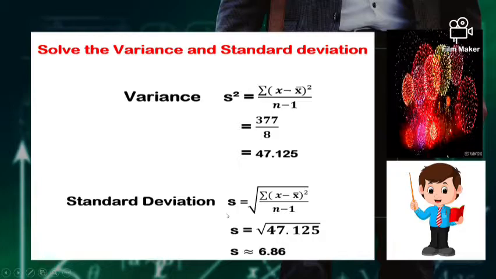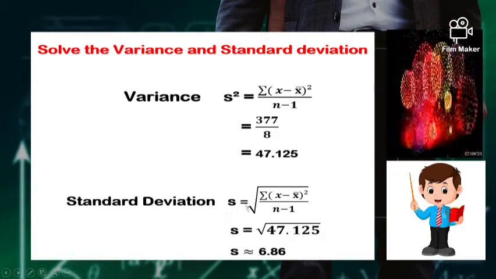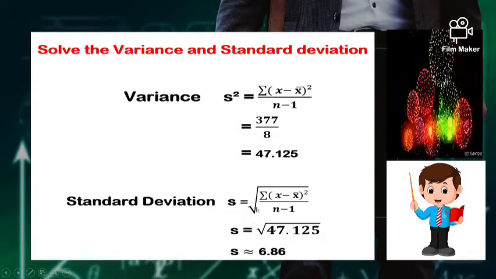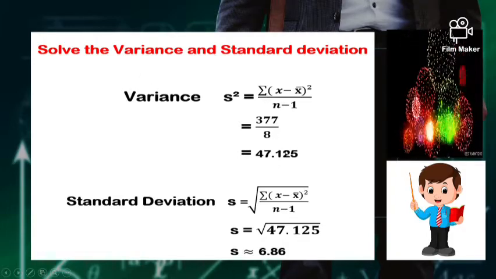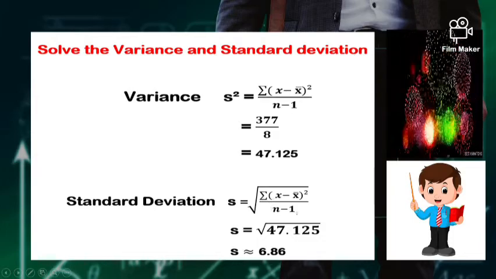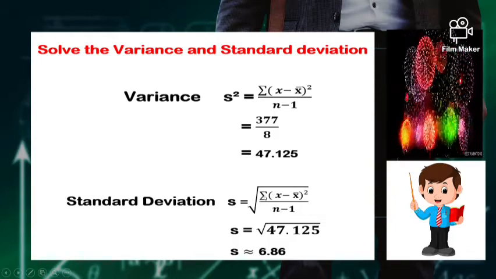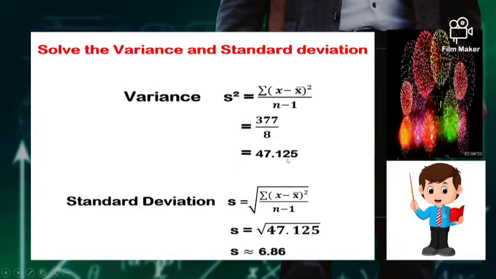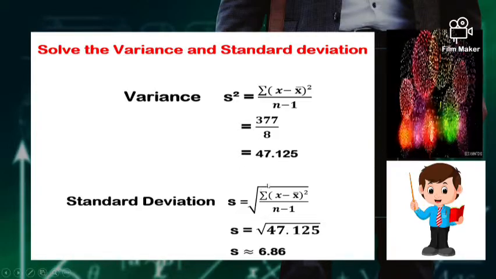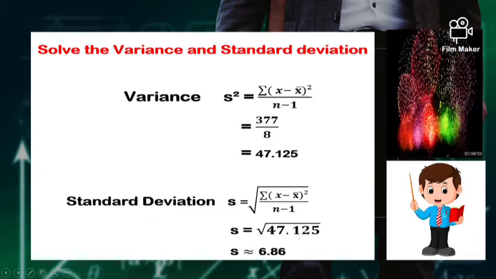Your standard deviation is, of course, just the square root of the result in the variance, because the formula inside the radical sign is the formula of the variance. So if you're able to solve the variance already, now you just have to extract the square root. That will be your standard deviation already.